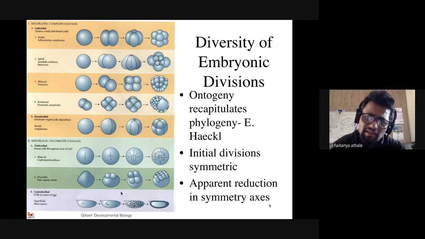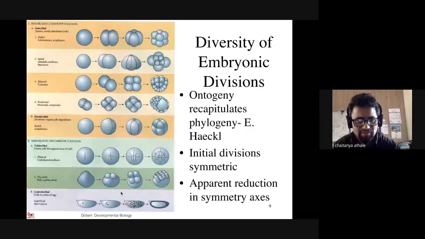And this led people like Ernst Haeckel in the early 1900s to postulate that ontogeny recapitulates phylogeny. In other words, developmental patterns, ontogeny, are in some senses comparable to the process of evolution itself, evolutionary diversification.